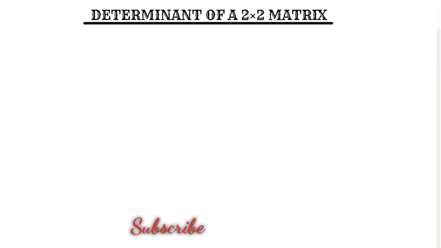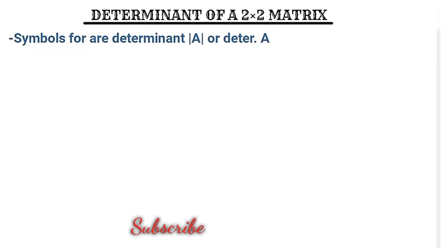Okay, so let's start with the symbols that are used to denote the determinant of a matrix. To show the determinant of a matrix, the symbol A in between two straight lines is used, as well as the word det and the name of the matrix.